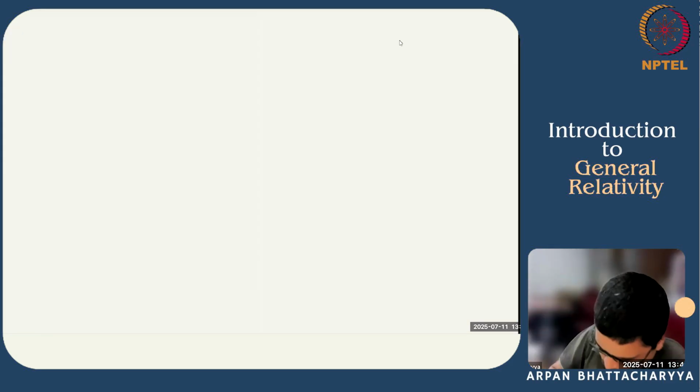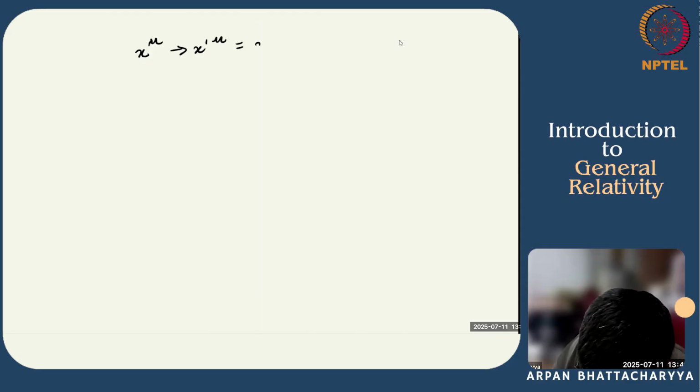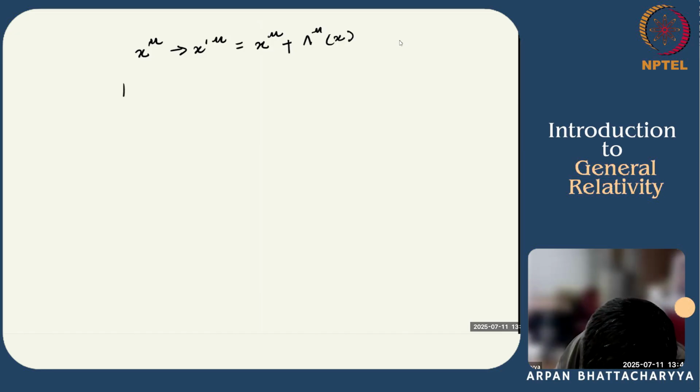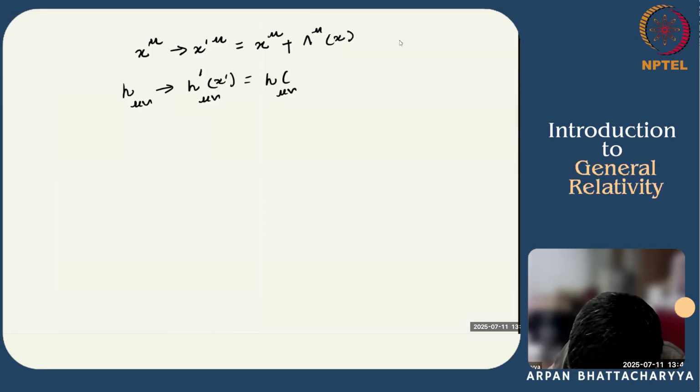So remember that what we have is the following: x goes to x prime, which is related to x by x plus lambda mu. Also, the Fierz-Pauli field h mu nu goes to some h prime mu nu at x prime, which is related to the old field, that is h mu nu at x, in this way.